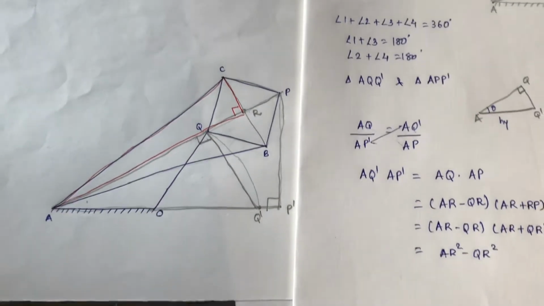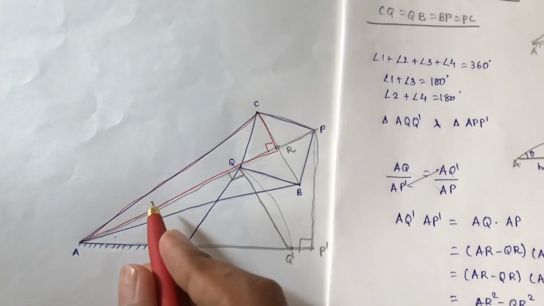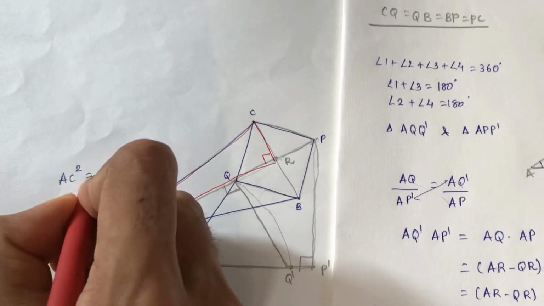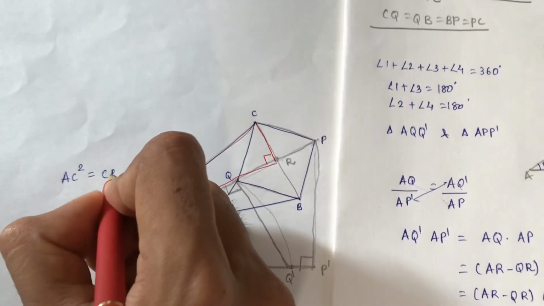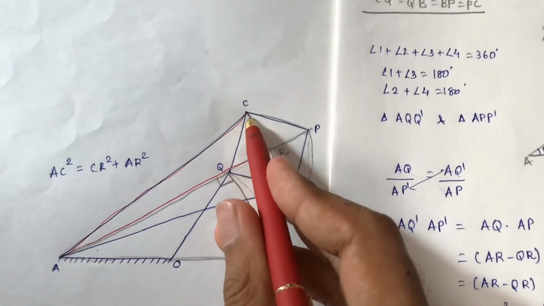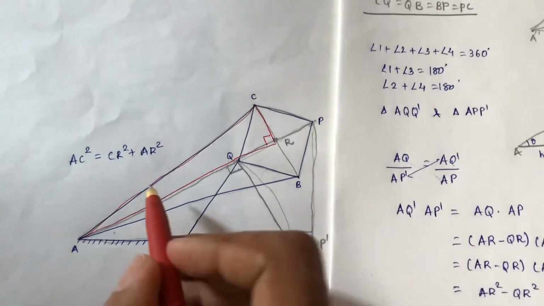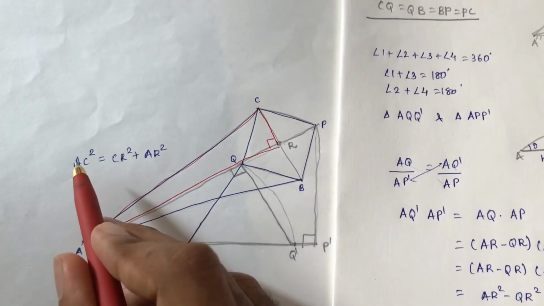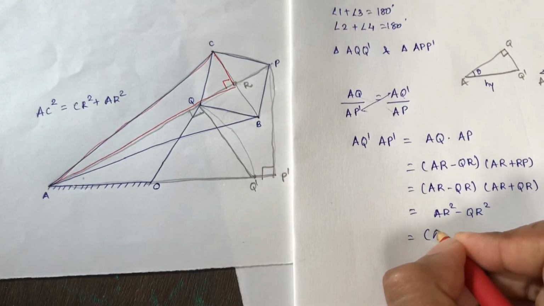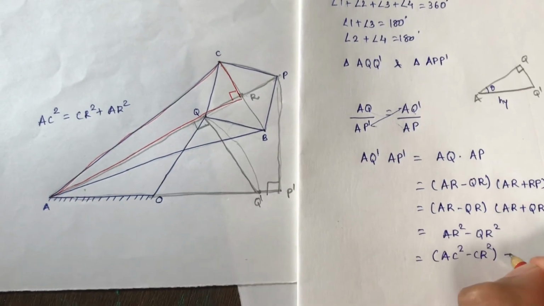So according to Pythagoras theorem for this triangle, hypotenuse square, that means AC square, equals CR square plus AR square. So let us write the value of AR square from this equation. When you take CR on this side, it is AC square minus CR square. So AR square equals AC square minus CR square, minus.